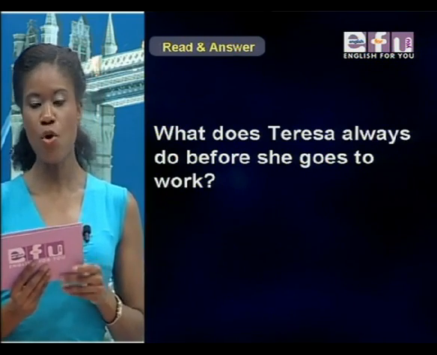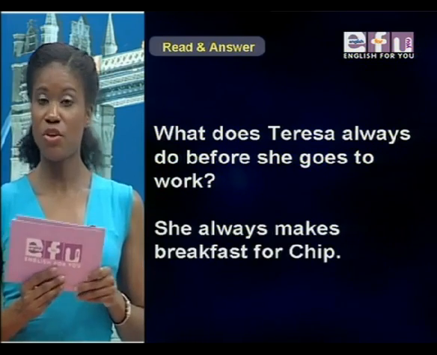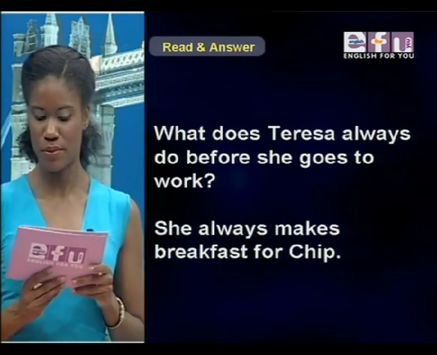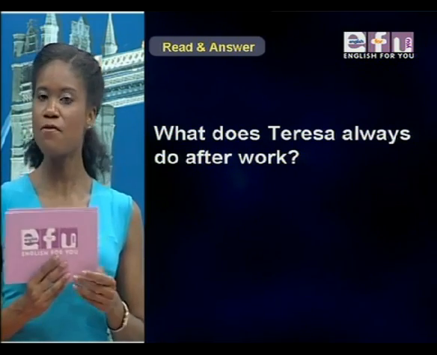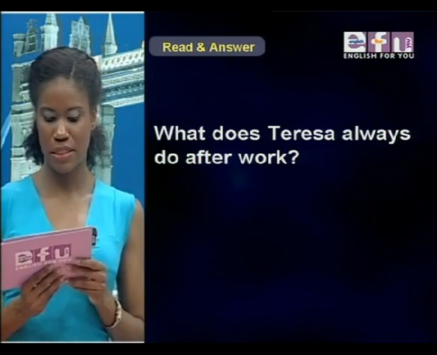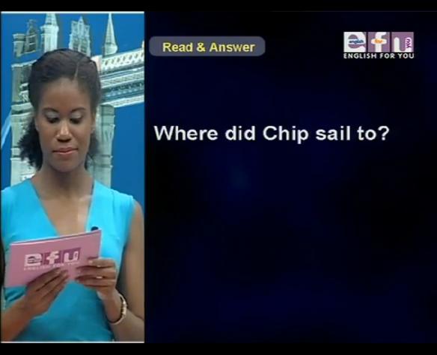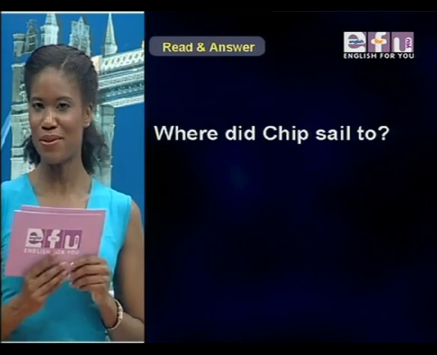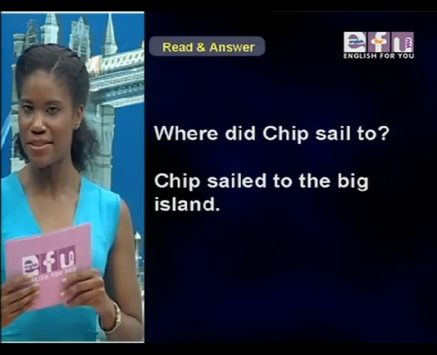What does Teresa always do before she goes to work? She always makes breakfast for Chip. What does Teresa always do after work? She always buys a newspaper for Chip. Where did Chip sail to? Chip sailed to the Big Island.